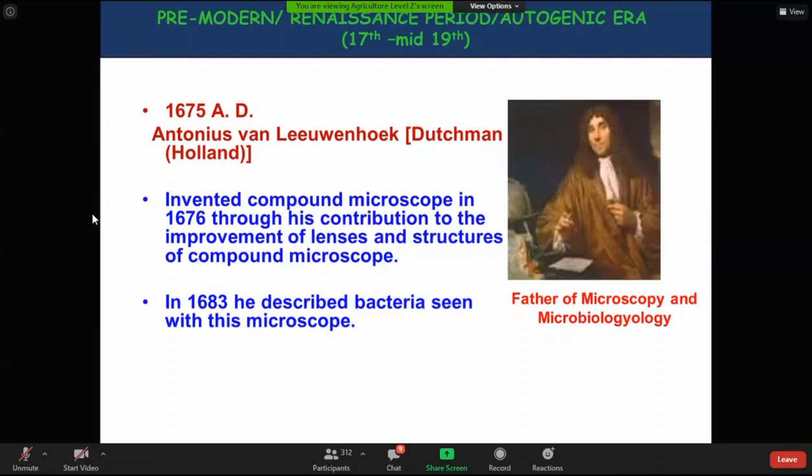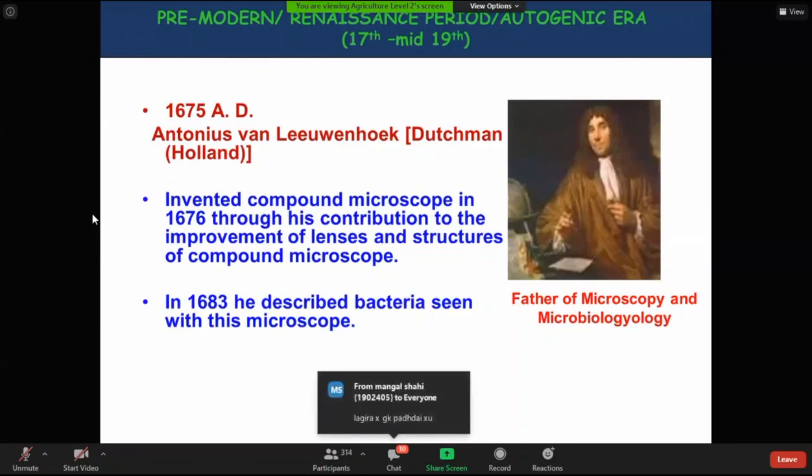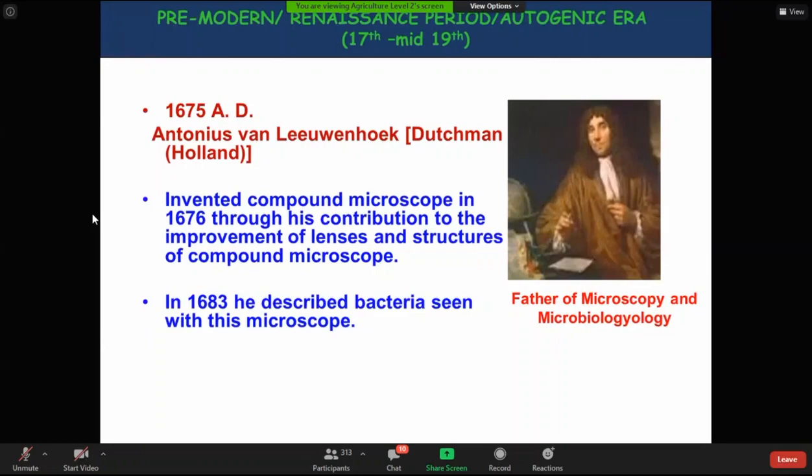Microscope. Yes, he invented microscope, or you can say he has a lot of contribution for the improvement of modern compound microscope. And another contribution he has, he first observed bacteria under microscope. For his enormous contribution, he considered father of microscopy and microbiology.